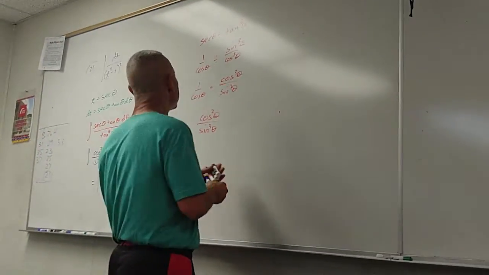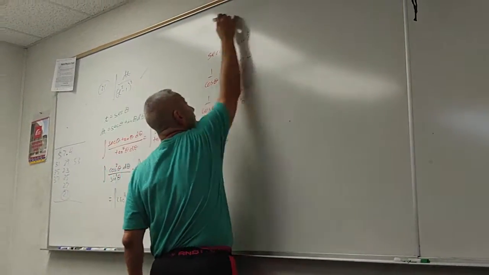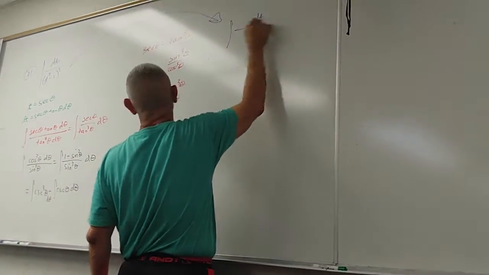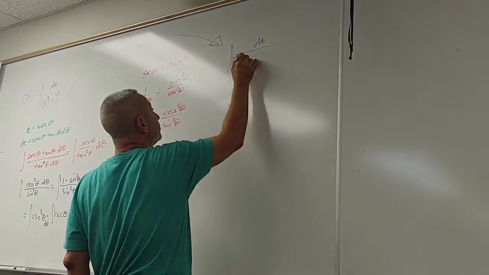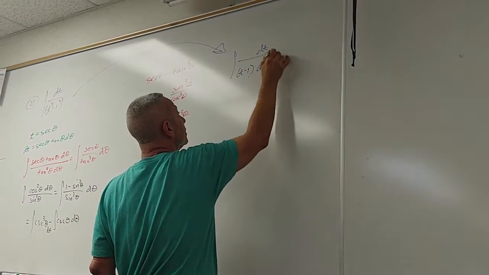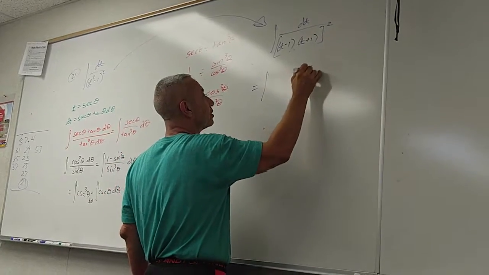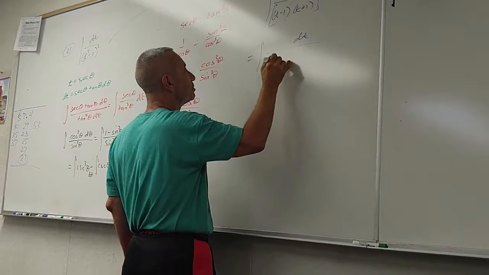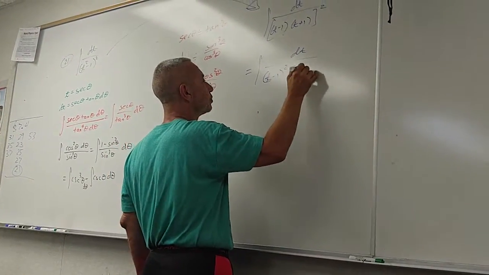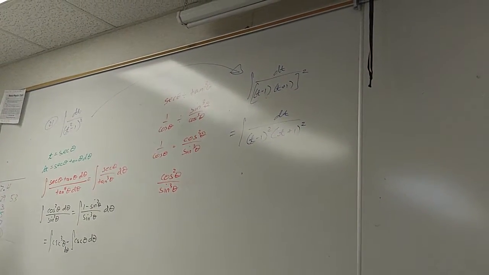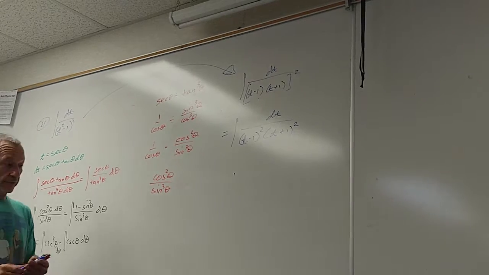So if you're going to use partial fractions, you're probably going to rewrite this as the integral dt over t minus 1 times t plus 1 quantity squared. Or in other words, that's the integral of dt over t minus 1 squared t plus 1 squared. Well, partial fractions, huh?